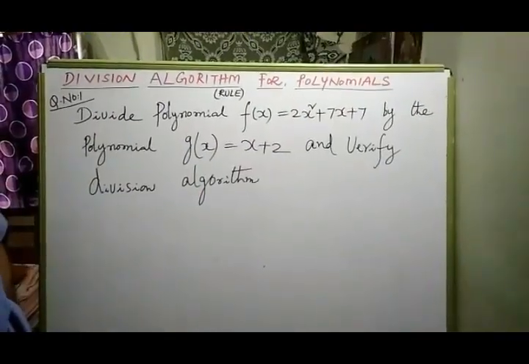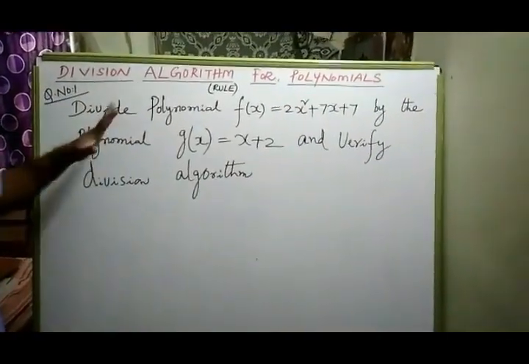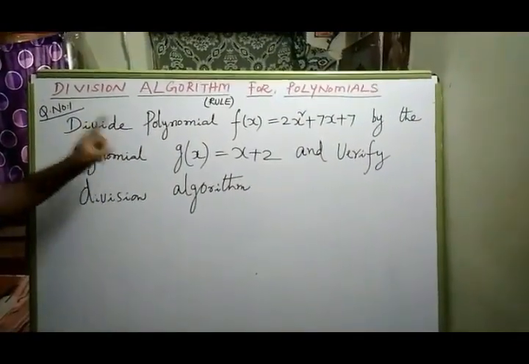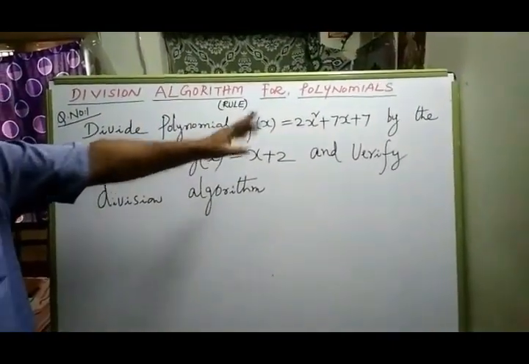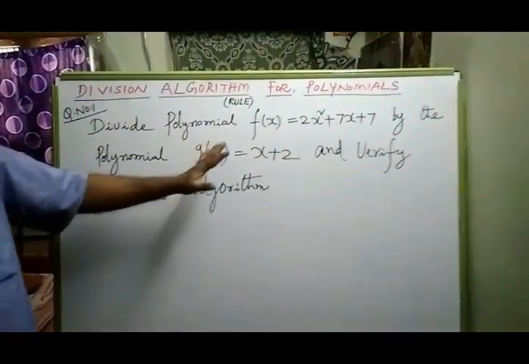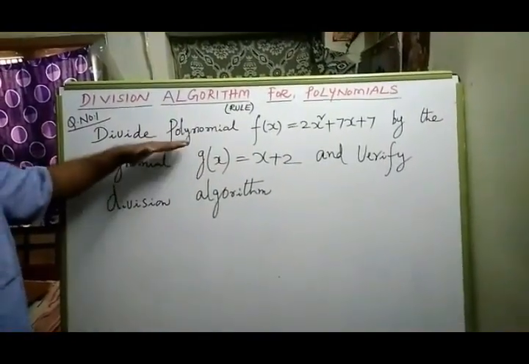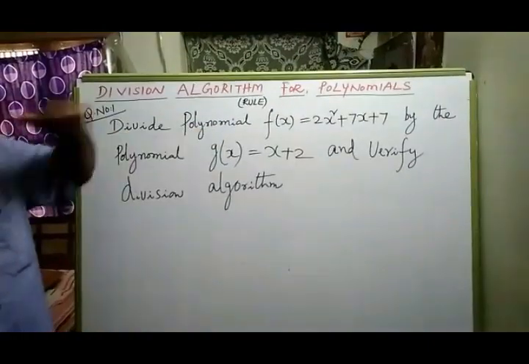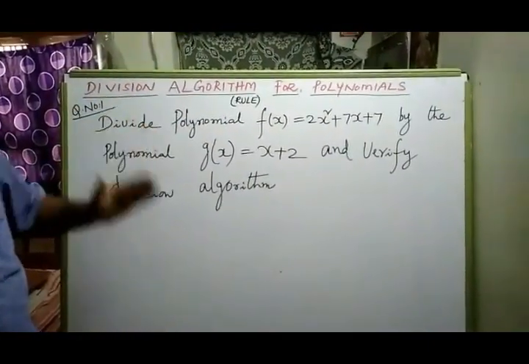Now we check this division algorithm for polynomials. So here one sum is there. Divide the polynomial f of x, 2x square plus 7x plus 7, by the polynomial g of x is equal to x plus 2 and verify the division algorithm. Division you know very well. Already we practiced in 2 videos where I taught divisions.